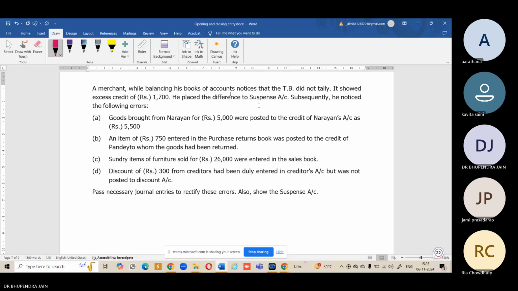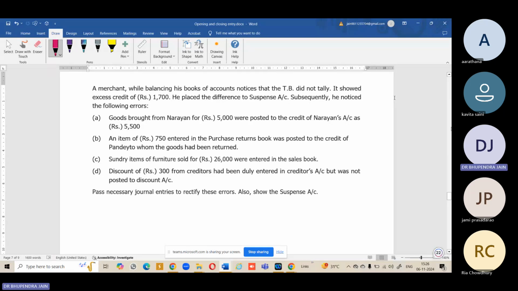Subsequently, he noticed the following errors occurred. It is not possible to rectify the mistake using only the suspense account. Well, the suspense account we can use only on a temporary basis because we need to prepare the financial statement.